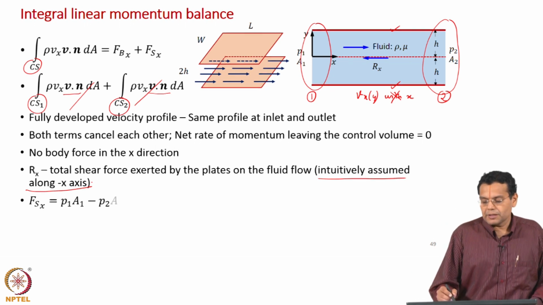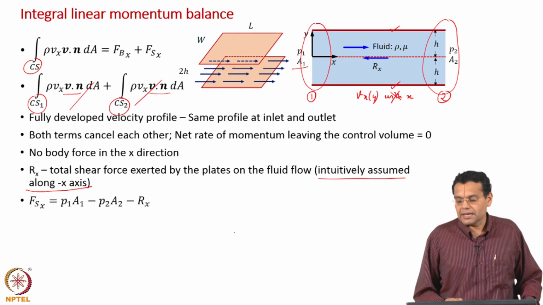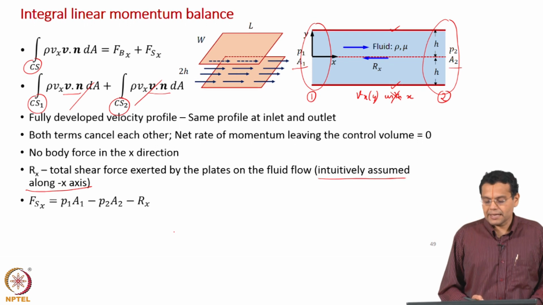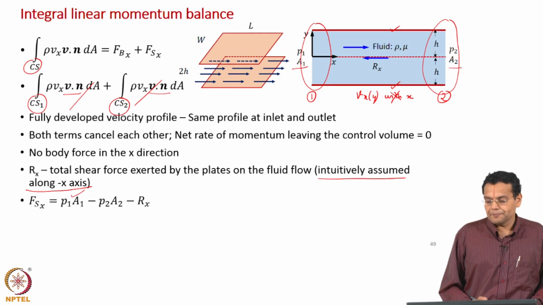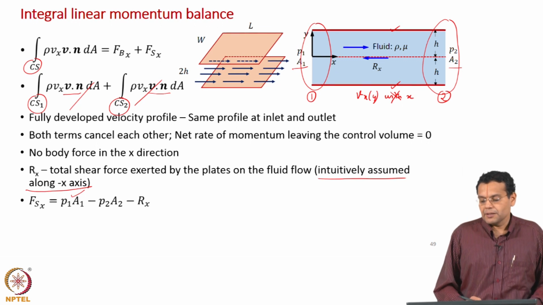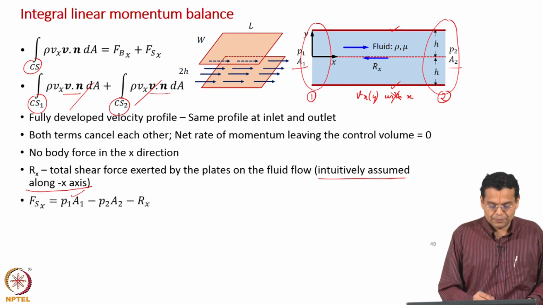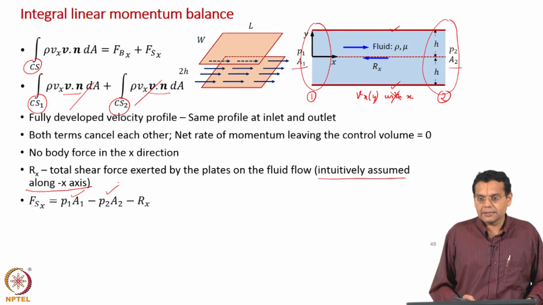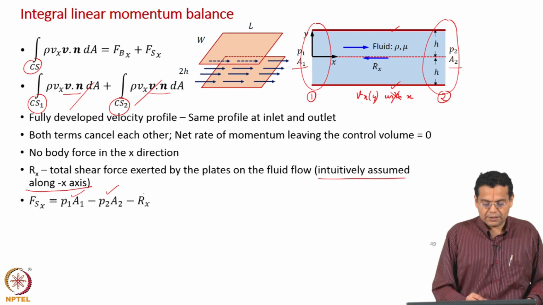We have the inlet pressure as P1 and the area as A1. At the exit we have the pressure as P2 and the area as A2. So, we have P1 A1 and then, because pressure is compressive, it always acts into the control volume, so we have minus P2 A2, and because we have taken Rx along the negative x axis, it is minus Rx.